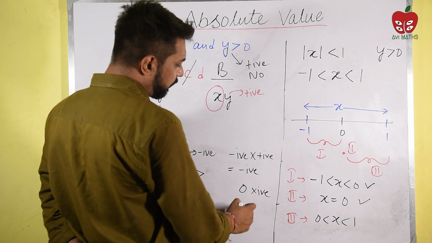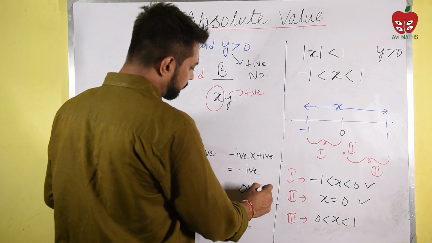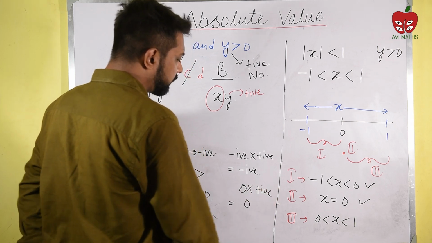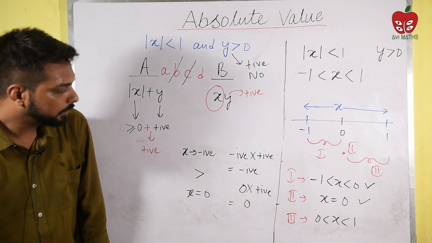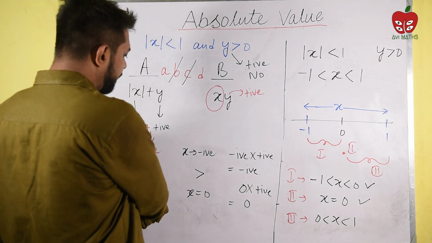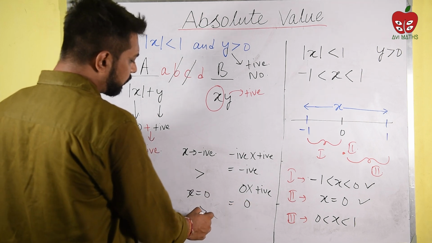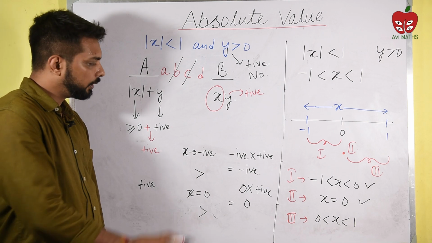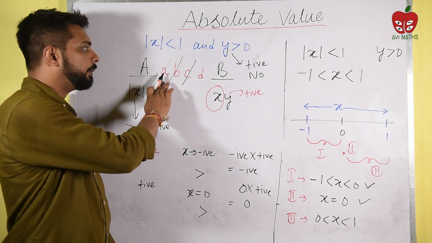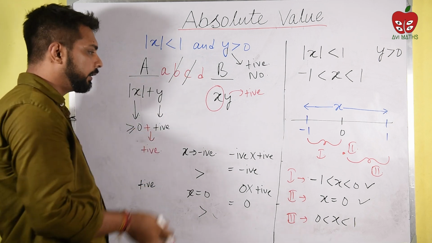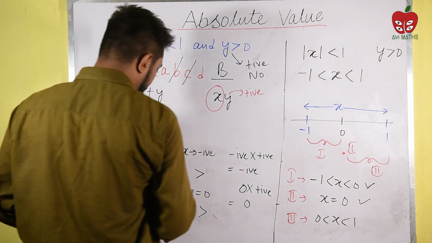If I am multiplying 0 with a positive number, then the output will be 0, because multiplying 0 with any number, whether positive or negative, the output will always be 0. So for x equal to 0, the left hand side is a positive number and the right hand side is 0. A positive number is always greater than 0. So again, the left hand side, quantity A, is greater than quantity B. It is not helping me because we are not able to eliminate any option from A and D. So it is not giving us any benefit.